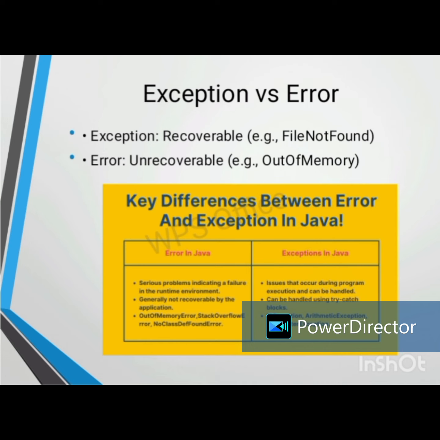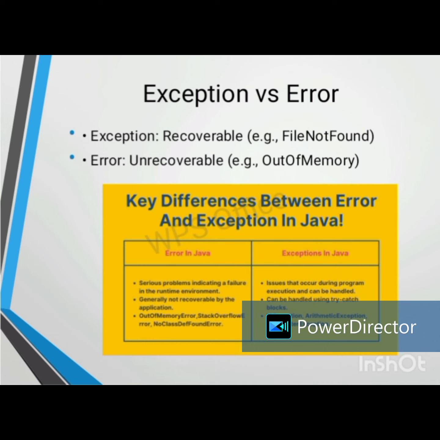This difference affects how you structure your code and what kind of exception handling mechanism you must use. Let's start with checked exceptions. Those are exceptions that are checked at compile time. This means that the compiler forces you to handle them explicitly, either by catching them with a try catch block or declaring them in the method signature.